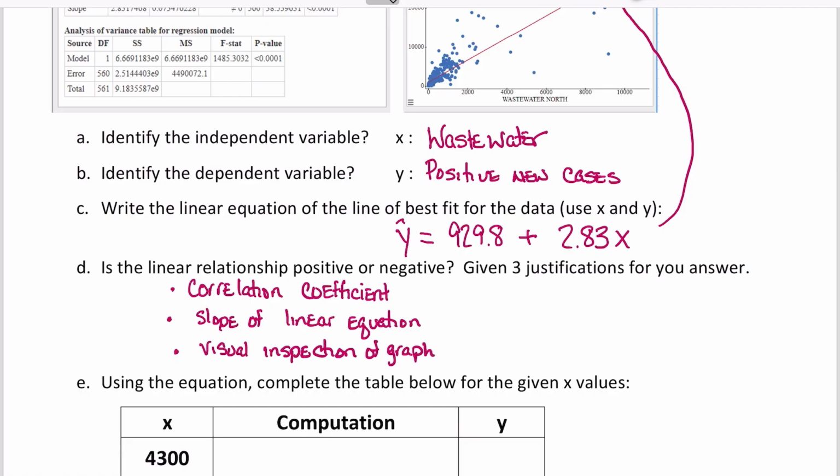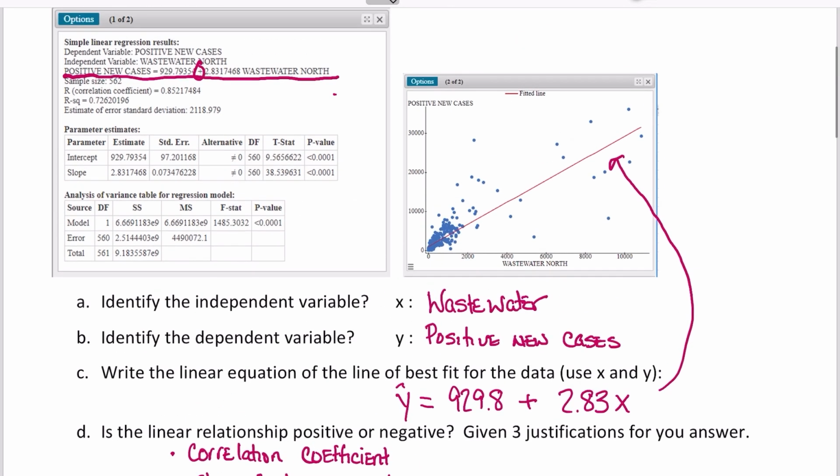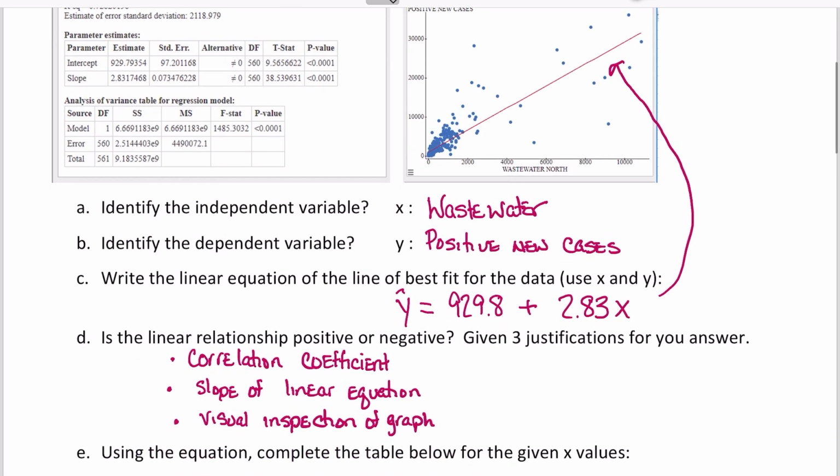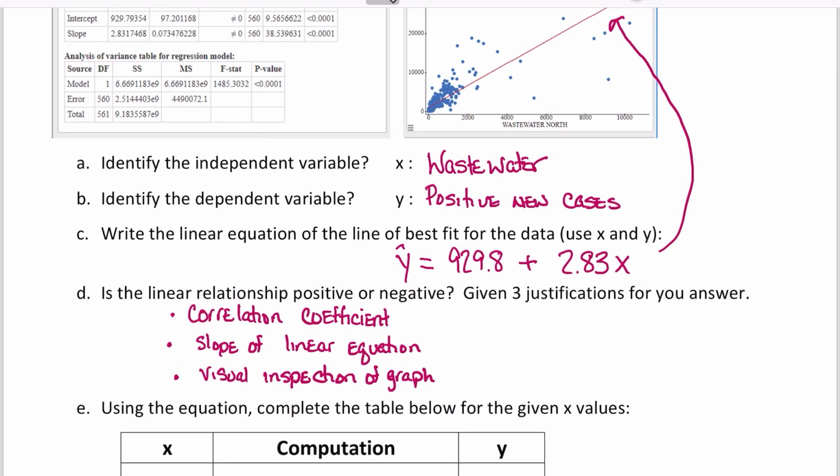Okay, so the correlation coefficient, when I look back up here, is 0.85217. So I'm going to write that my correlation coefficient is, I'm just going to call it RC.